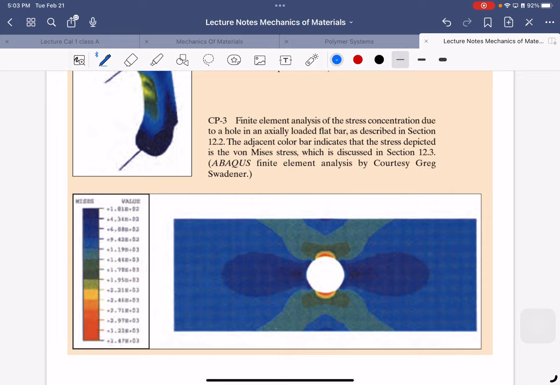If you have a hole, like, what kind of material? Maybe in your phone, if you have a crack, already like a small one, of course the crack will propagate, right?